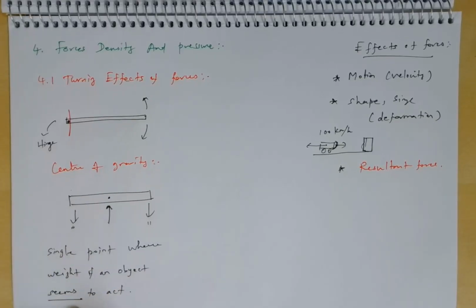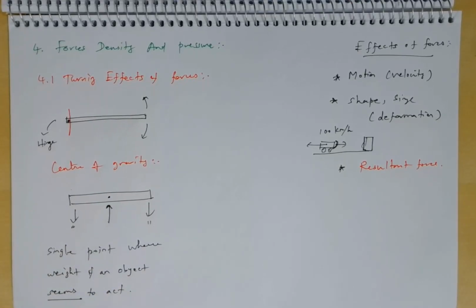So we use the word 'taken' because the weight of the object acts on the entire body. But if you just balance that point, the entire thing is balanced. Okay, so this is the idea.